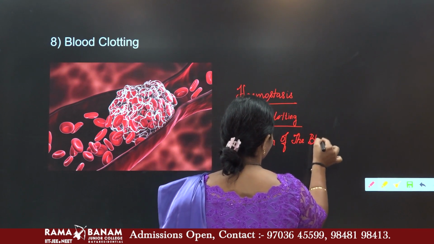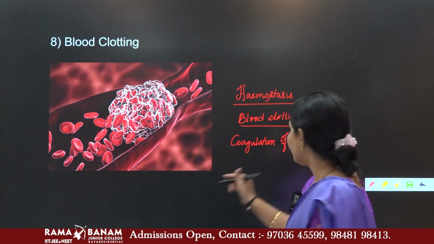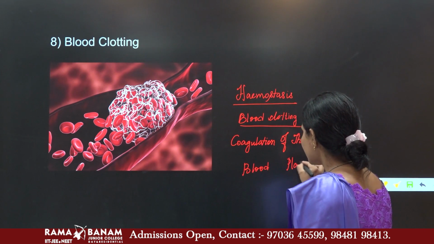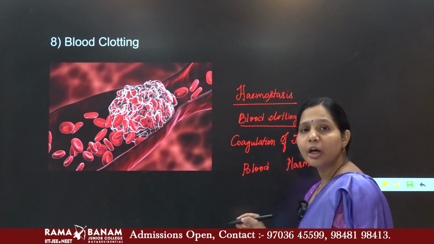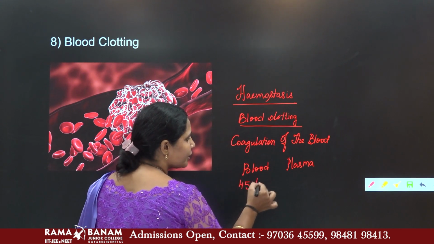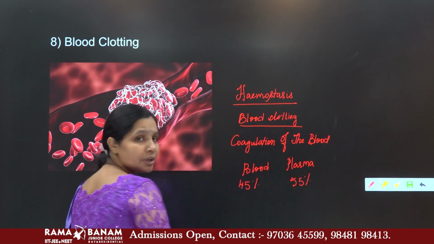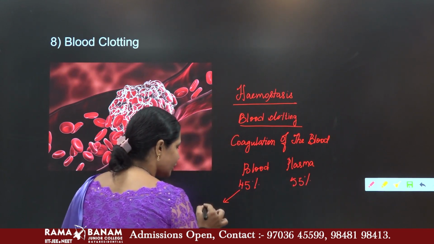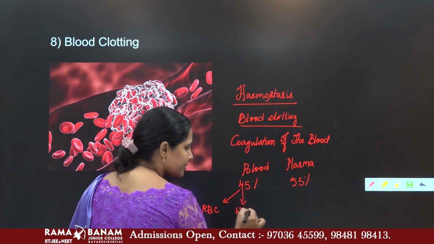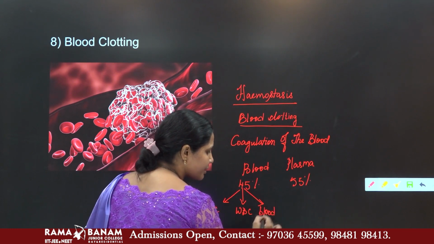Right. So, in our body fluids, blood includes only 45%, whereas plasma makes up 55%. This 45% includes the RBC, the red blood cells, WBC, the white blood cells, as well as the blood platelets.